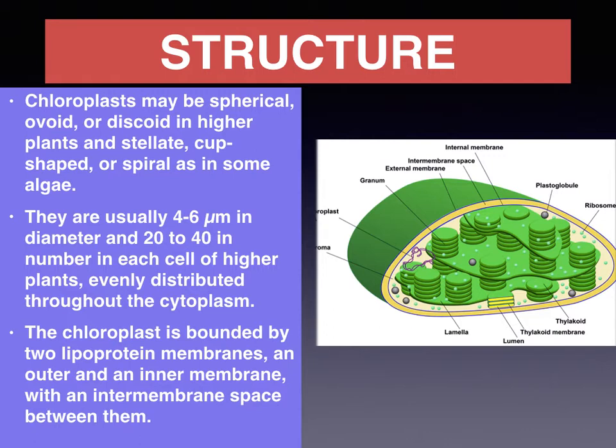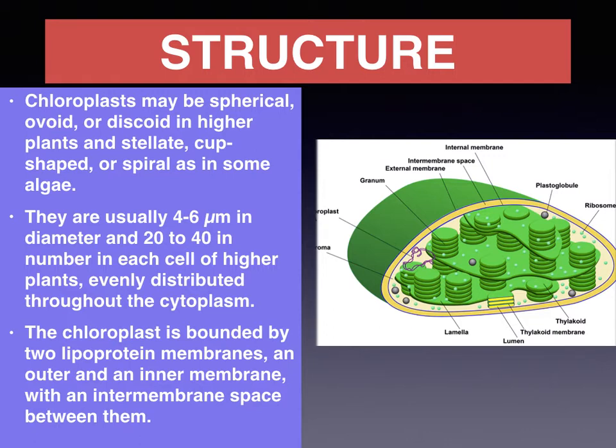Like in Spirogyra, you would have noticed that it is spiral in shape. But when you research, you will find the shape which I have given you: mostly spherical or ovoid.